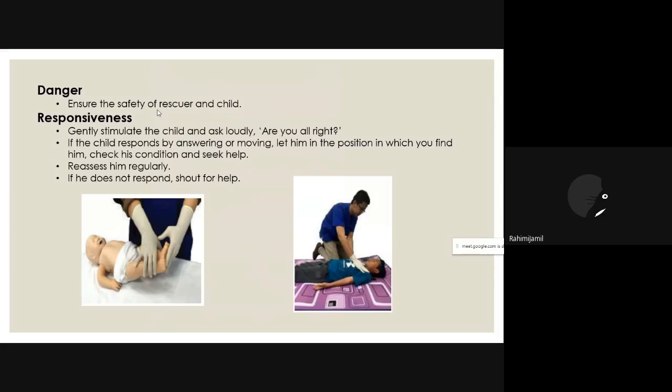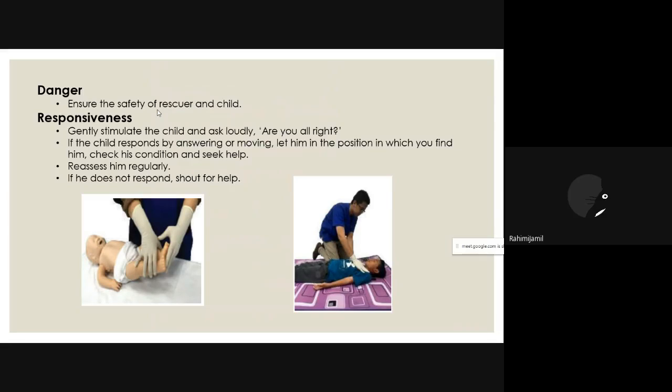First, danger. We must ensure the safety of the patient and ourselves, meaning there are no harmful materials or other things that will harm the patient and us. Next is responsiveness.